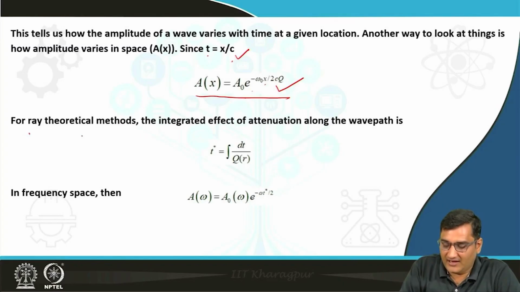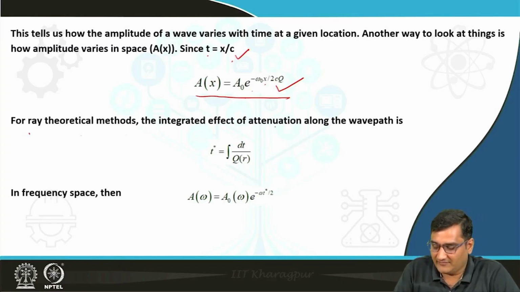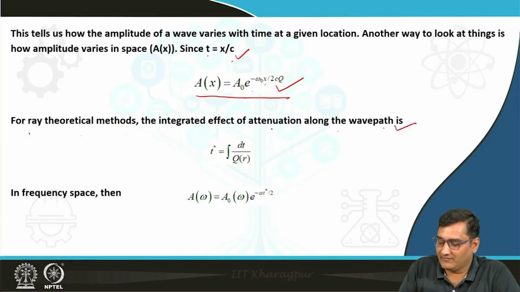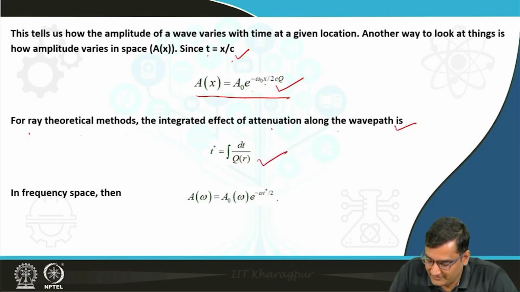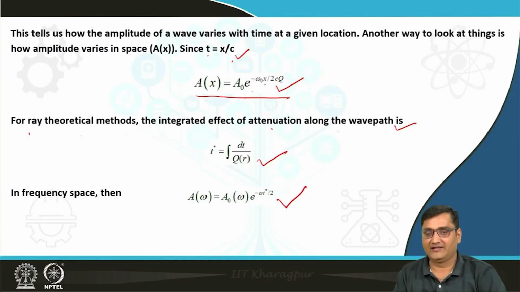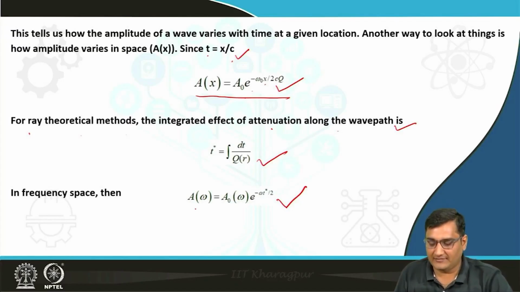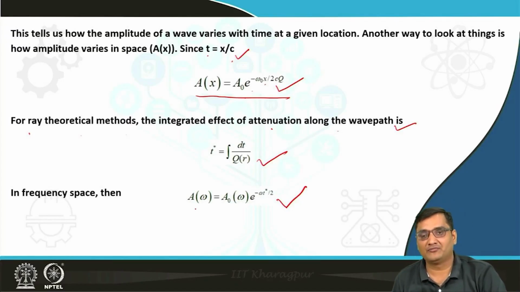For the ray theoretical method, the integrated effect of the attenuation along the wave path can be written by this expression. So in the frequency space, we can write the expression like this. This basically represents the variation in the amplitude with frequency: A(omega) is equal to A naught(omega) e to the power minus omega t star by 2.